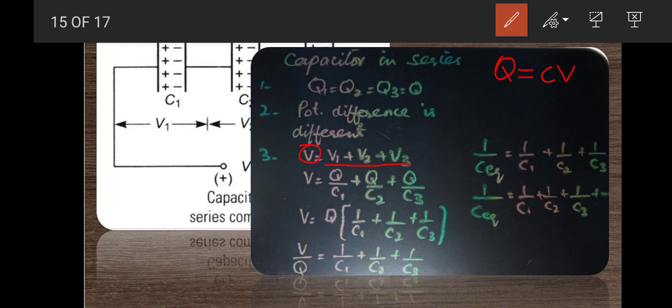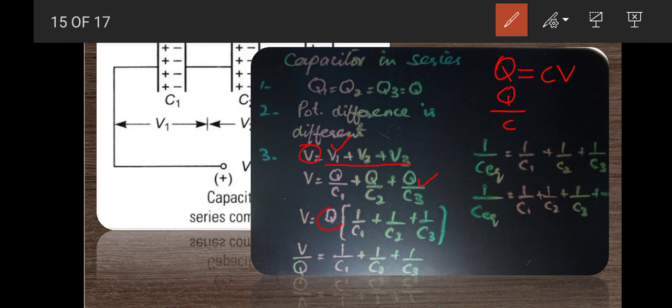Here you have to use the formula for V, so you can rearrange it as Q by C. You have to write Q divided by C1 for the first capacitor in place of V1. In place of V2 you have to write Q by C2. For V3 you have to write Q by C3. Here you have Q common in the 3 terms.